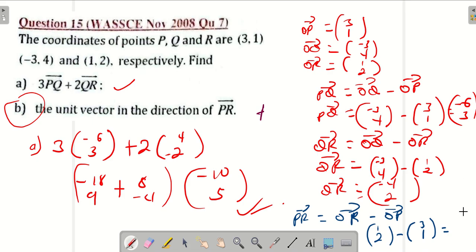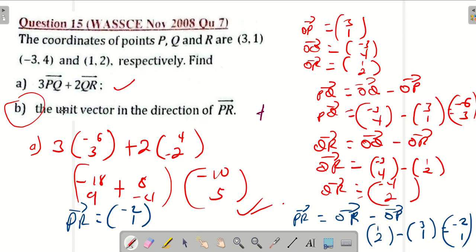Good. And the answer is (-2, 1). So now we know our PR. PR is (-2, 1). Are we okay? Good.